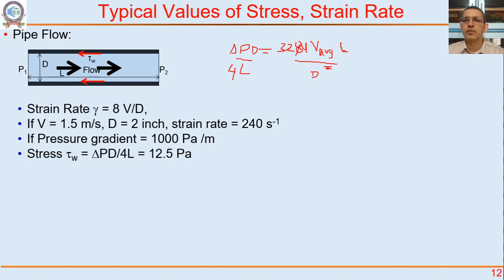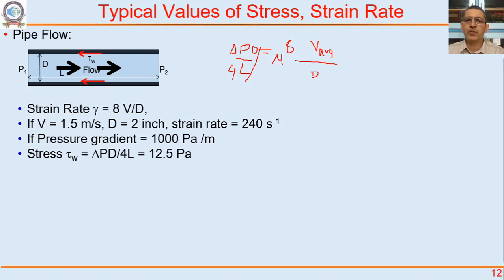So 1d has gone away, L has gone away to the left side, and of the 32, 4 we have taken here. So what we are left with is only 8 V by d, with mu written separately.